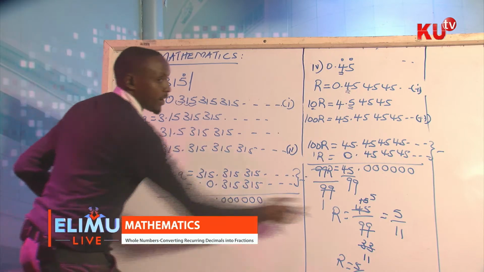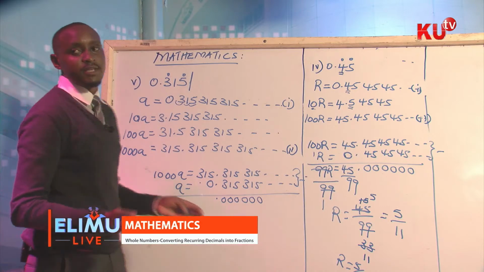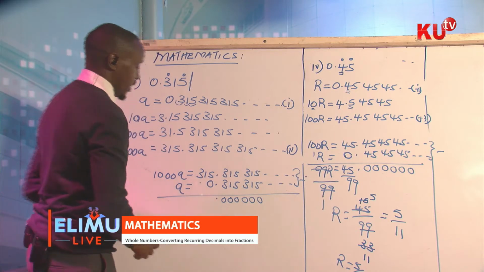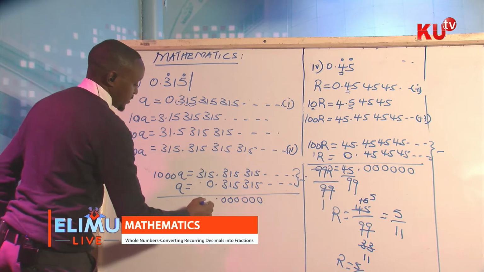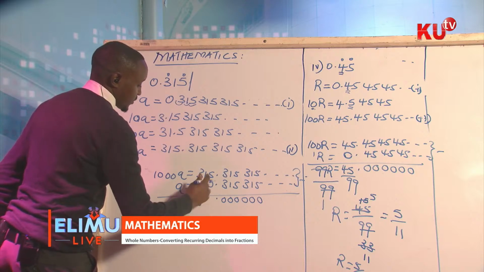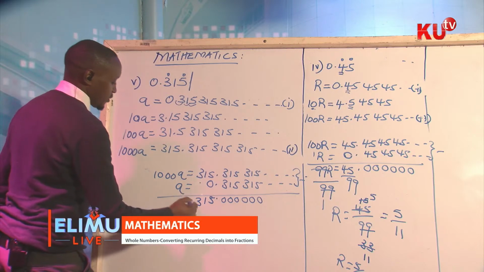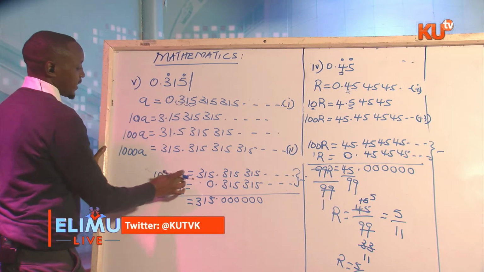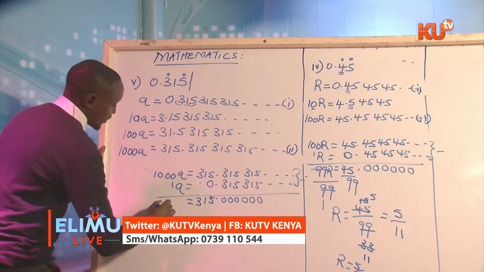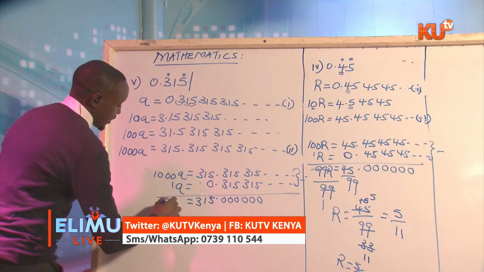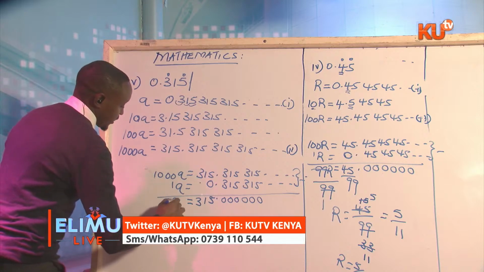So the decimal part is eliminated, which becomes easier for us to get the fraction. We subtract 0 from 315, and we get 315. The equal sign remains. 1000A minus 1A becomes 999A.